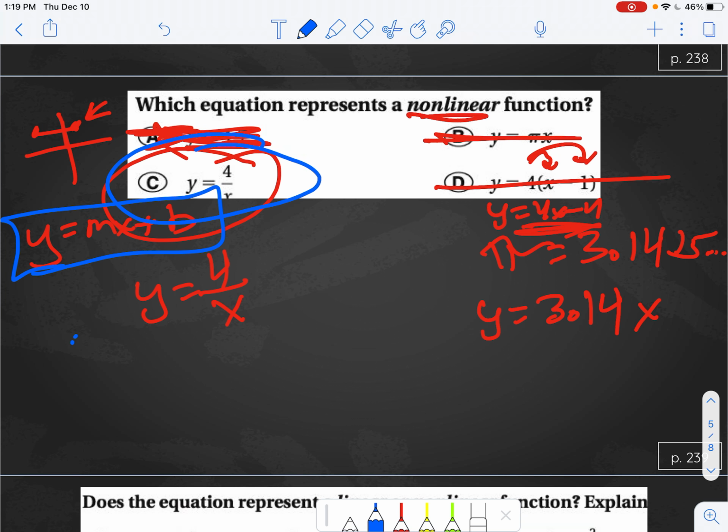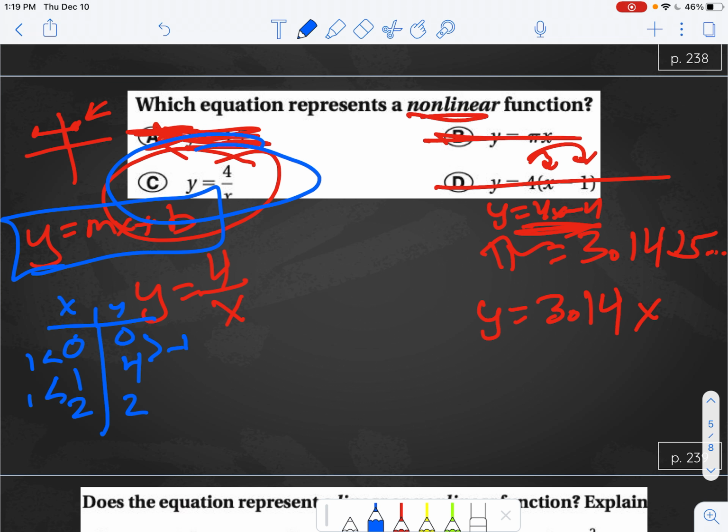So if you put 0 in, you get 0 out. If you put 1 in, 4 divided by 1 is 4. If you put 2 in, 4 divided by 2 is 2. And already we can see that from here to here is 1, we're good.